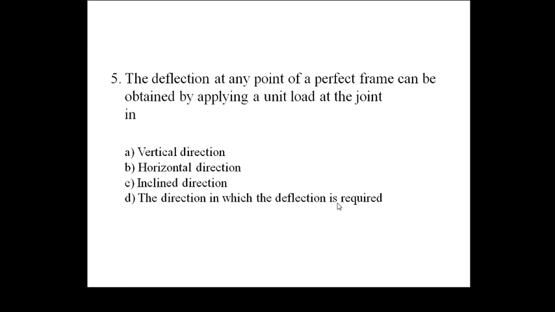A perfect frame obeys the equilibrium equations, that is, the number of members is equal to the number of unknowns. Your answer is D, the direction in which the deflection is required.